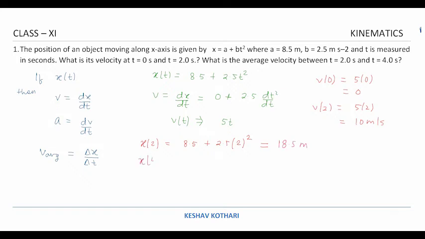And at t equals 4 we obtain 8.5 plus 2.5 times 4 squared. On solving this we obtain 16 into 2.5 plus 8.5, that is 48.5 meter.